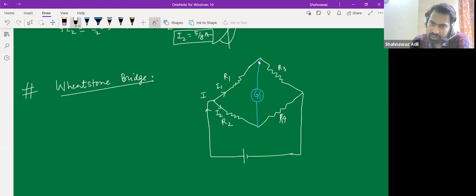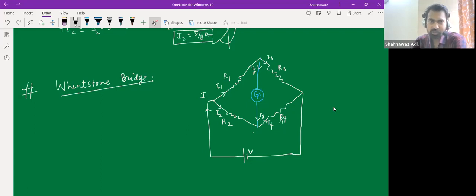And here this is IG, and then this is I. Then we are getting back. So this is the construction of the Wheatstone Bridge. It is like a bridge, right? This galvanometer appears to be a bridge.